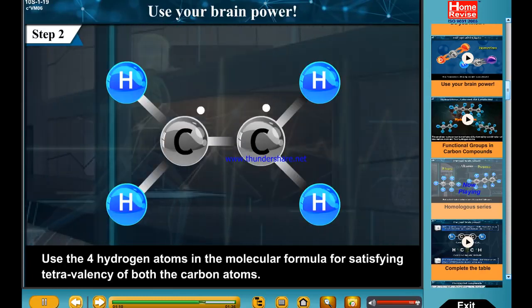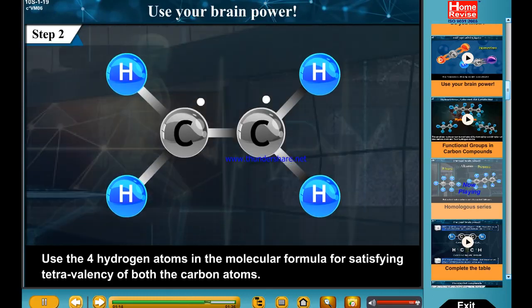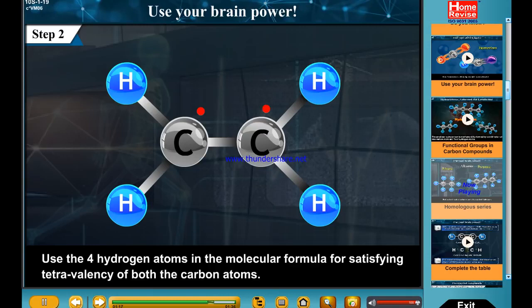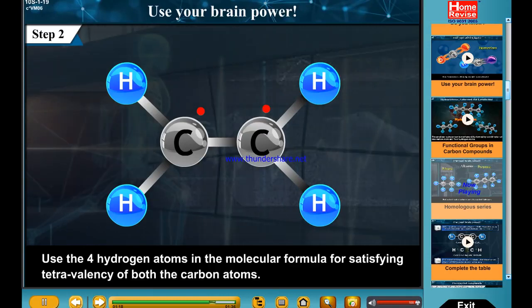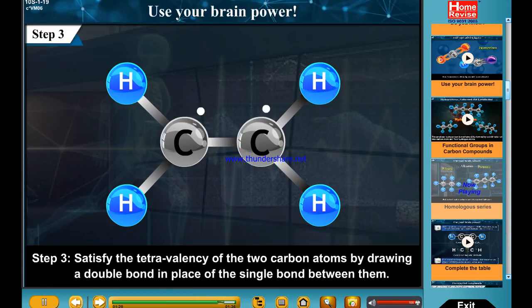Use the 4 hydrogen atoms in the molecular formula for satisfying tetravalency of both the carbon atoms. It appears that one valency of each of the 2 carbon atoms is not satisfied. Step 3. Satisfy the tetravalency of the 2 carbon atoms by drawing a double bond in place of the single bond between them.